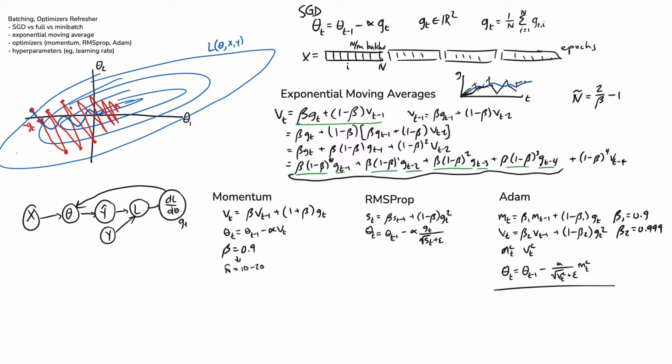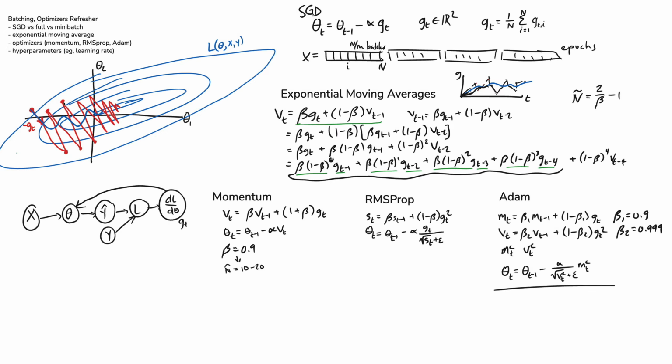Both the first and second derivatives that we talk about here are defined only at that specific point. It's local information. You don't know what the rest of this loss landscape is.